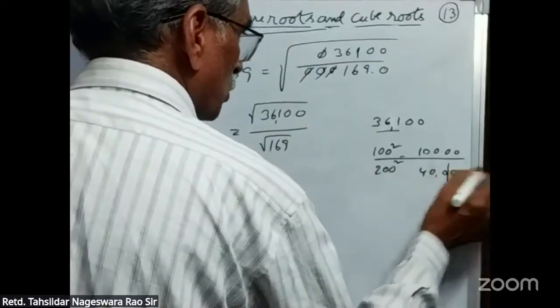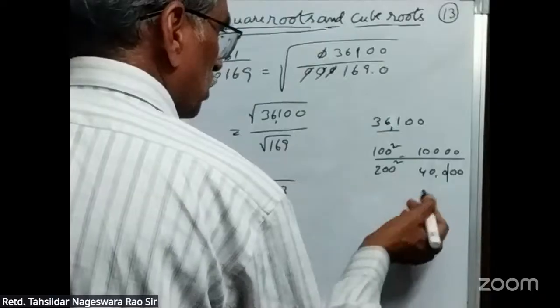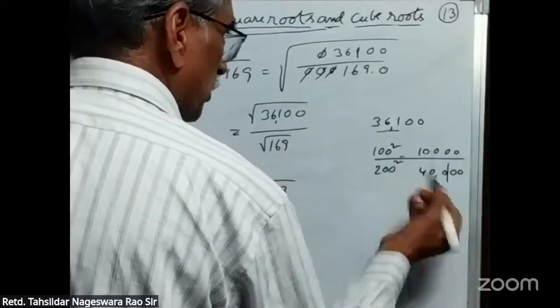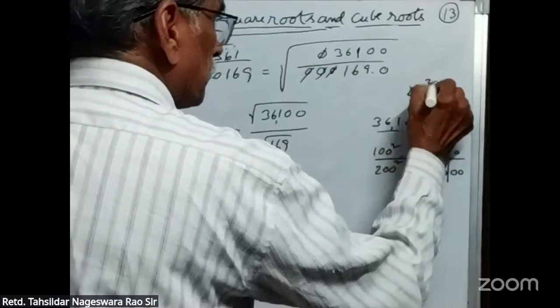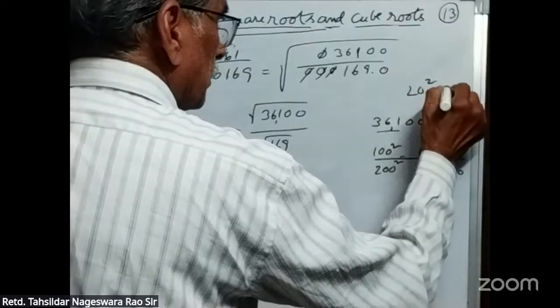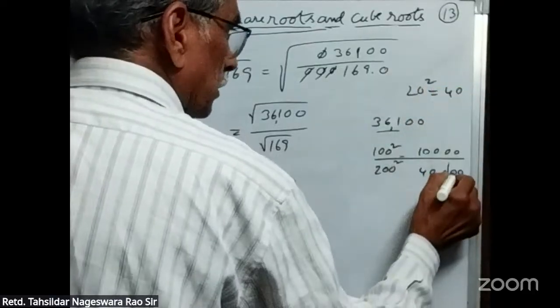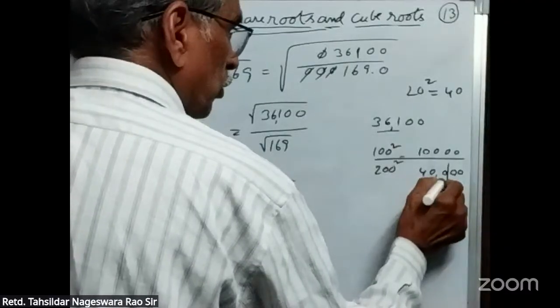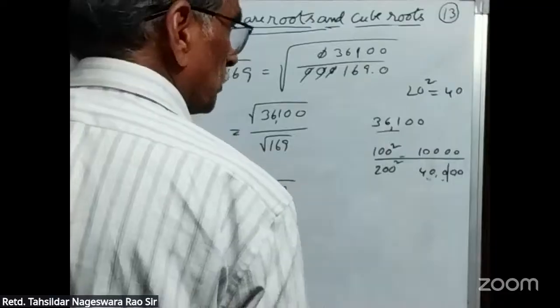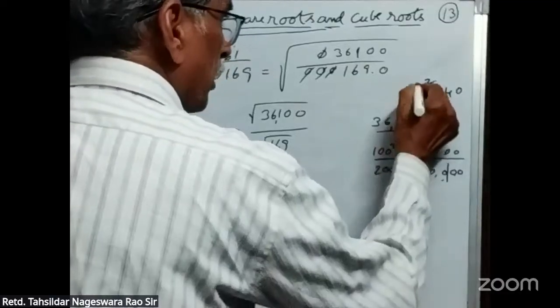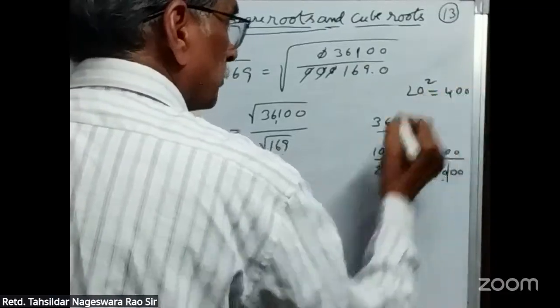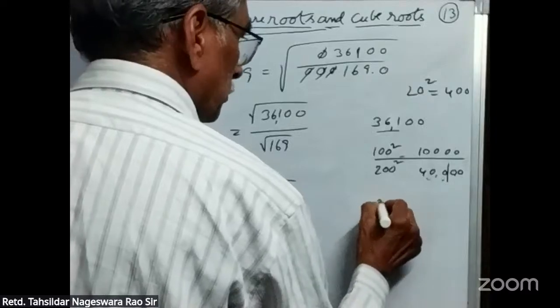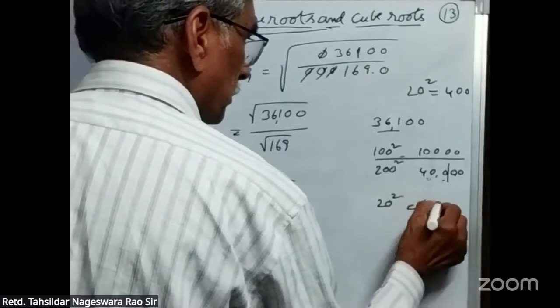Forget about these last two zeros. 20 square is 400. After finding out the square root of 400, you can add a 0. That's all. So 20 square is 400.